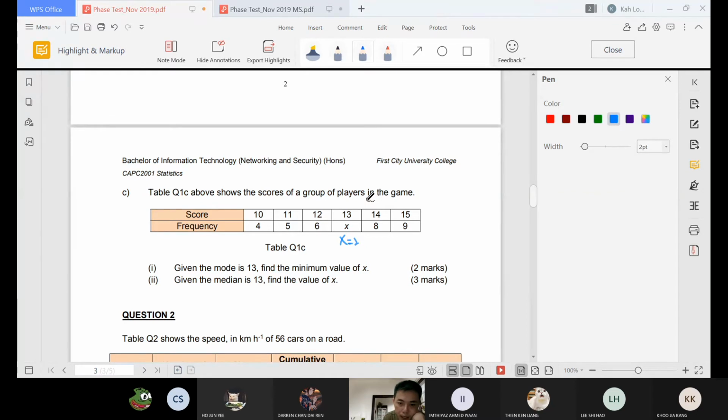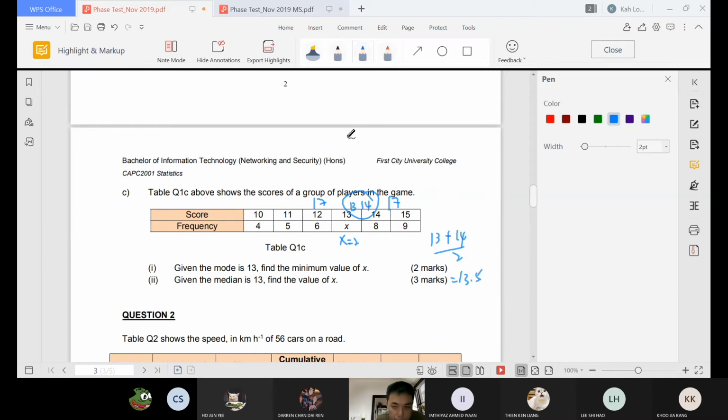What is my median value right now? Also 13, right? How come it's 13? You see, 15 plus 2 is 17. Here is 17. So you take the last digit for 13 and 14, add up, divide by 2. So the median is 13.5, not 13, when your x is 2. You get what I mean?